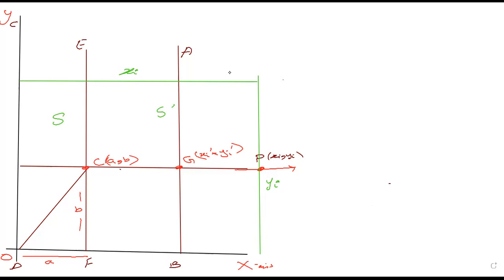Now from this diagram we can say some things. From the figure we can see this is xi, and this whole distance is equal to the sum of xi dash and a.